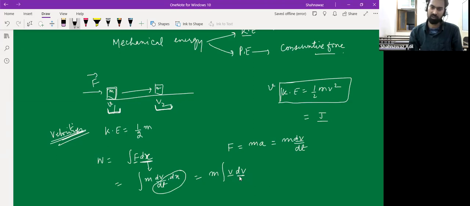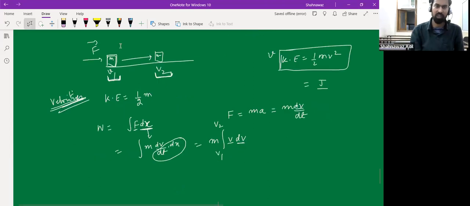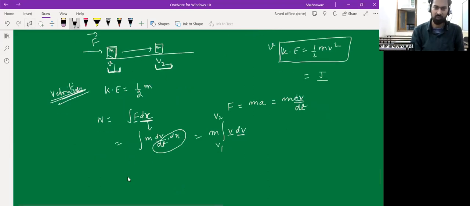So this seems correct. And the limits are v1 and v2. So W will be m times v square by 2 in the limits v1 to v2.